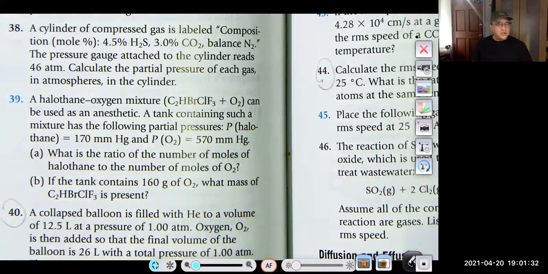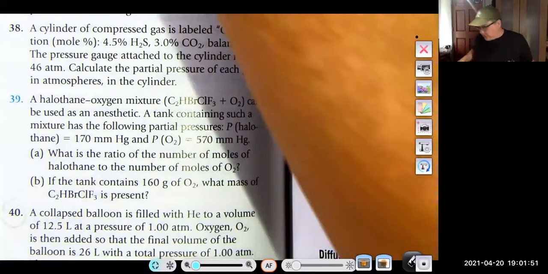What is the ratio of the number of moles of halothane to the number of moles of O2? And if the tank contains 160 grams of O2, what mass of halothane is present? Okay, so this will give us more insight into how we apply what we've learned.